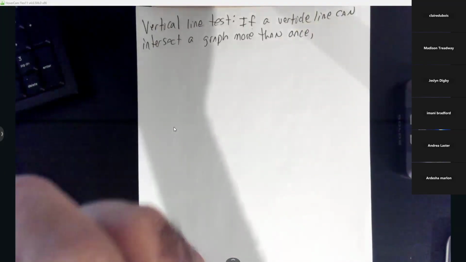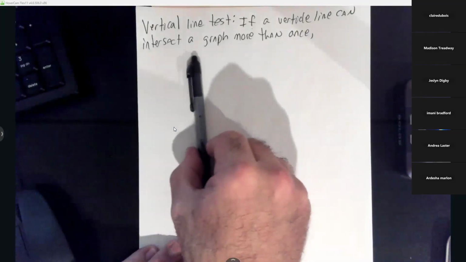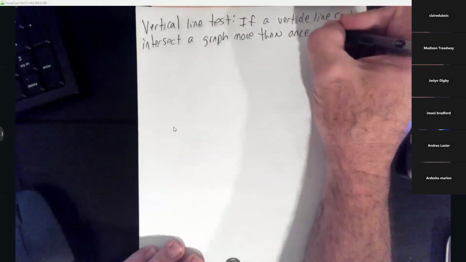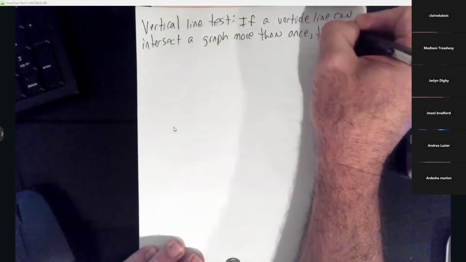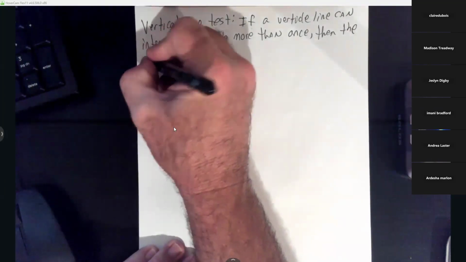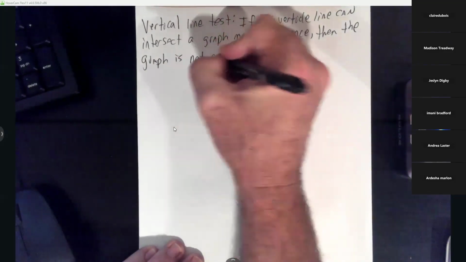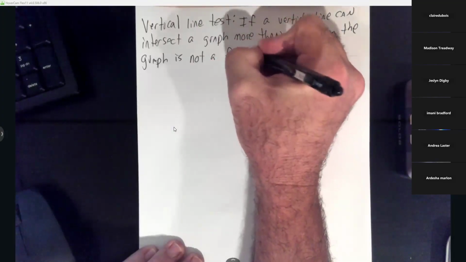So if I'm running my vertical line along a graph and it intersects the graph more than once, then the graph is not a function.